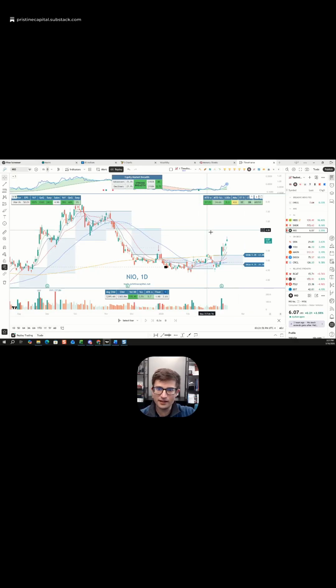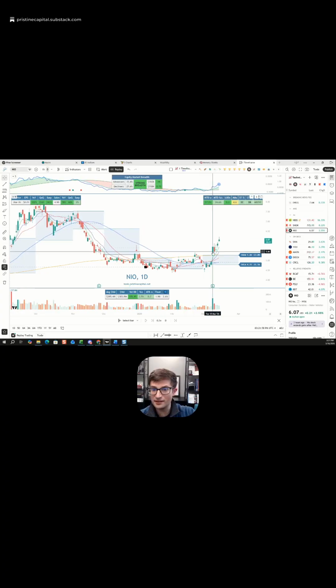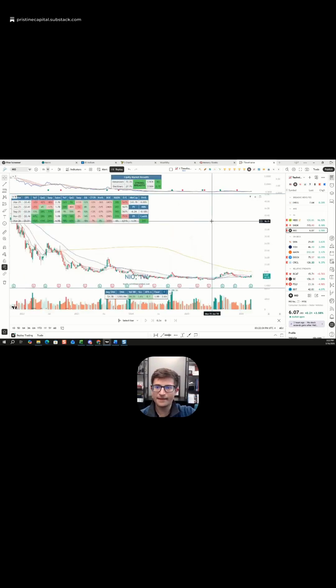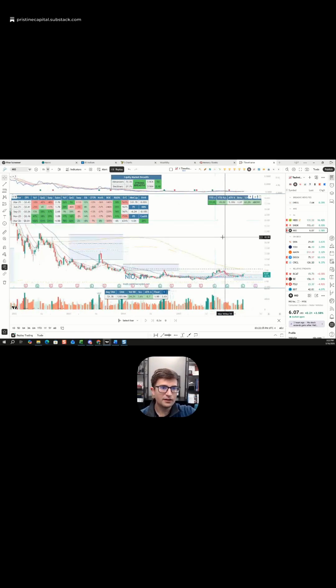But if we look, what I think is pretty unique here, the stock had a power earnings gap on March 10th. And if we go out to the weekly chart and we look at our fundamental analysis table, we can see NEO had negative EPS over the last 4 quarters, and in this quarter just went to positive EPS.